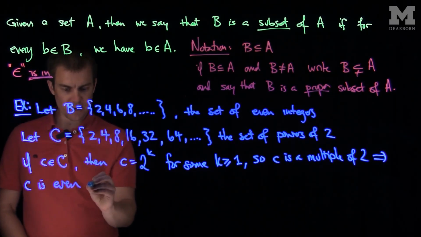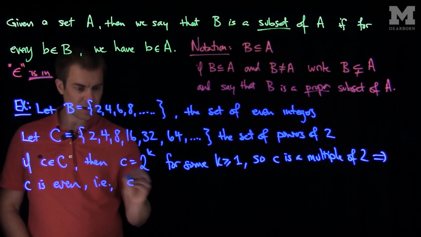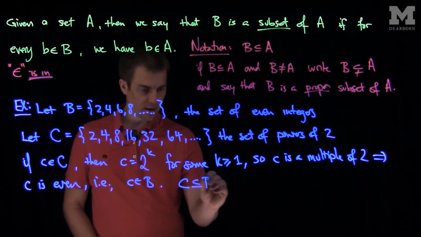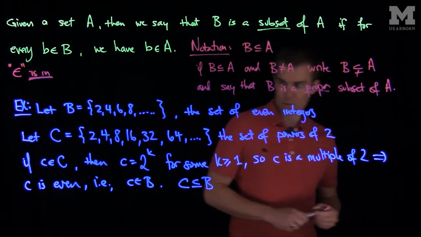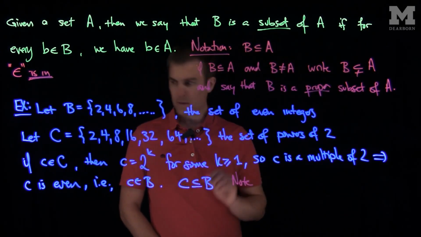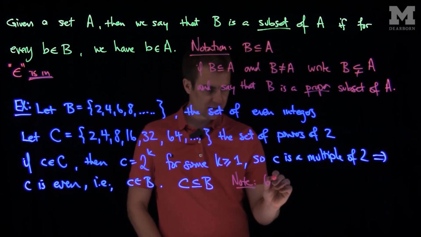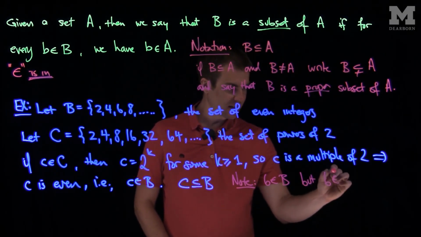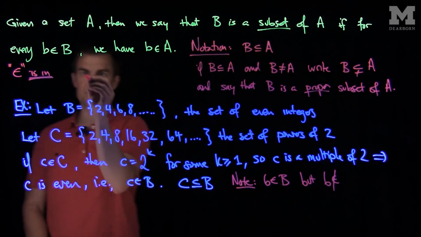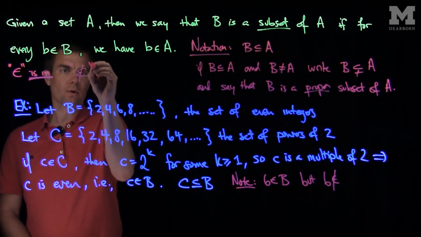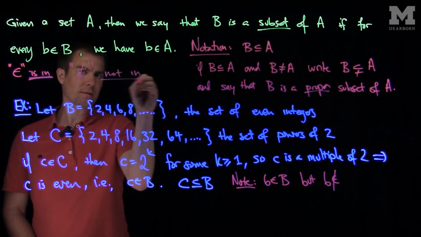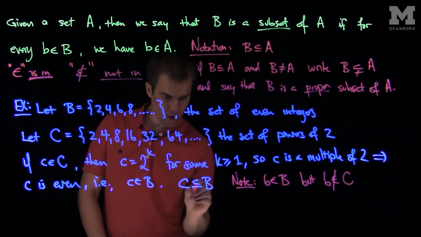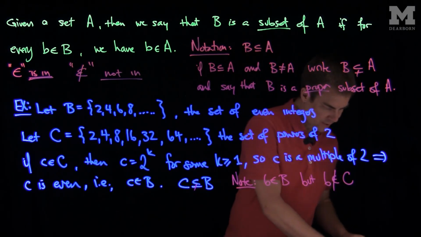And I can write c being even as saying, i.e., that's the same thing as c is in the set B. So we've proven here that the set C is a subset of B. And now we can note that 6 is in the set B, but 6 is not in, we'll put a slash through that epsilon, is not in the set C, which means that C is a proper subset of B.